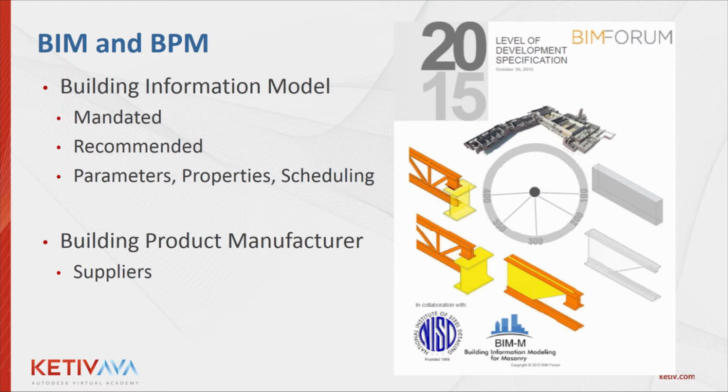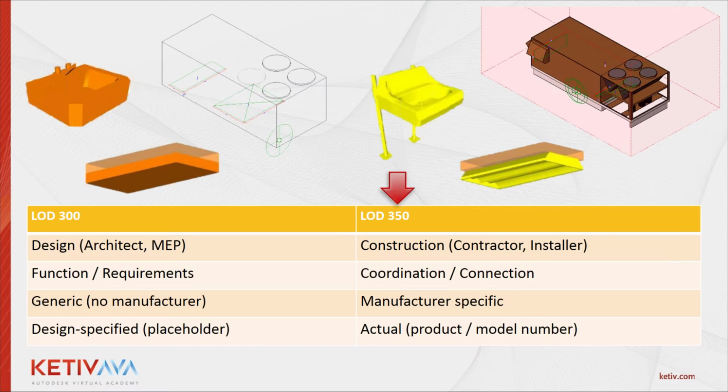The other thing to realize is there are different levels of BIM. There are levels of detail, LODs, so you need to know where you are on those different categories. Let's say it's 100, it really is a simple placeholder. Then it goes all the way to 400, where it might be someone who's actually trying to build it.